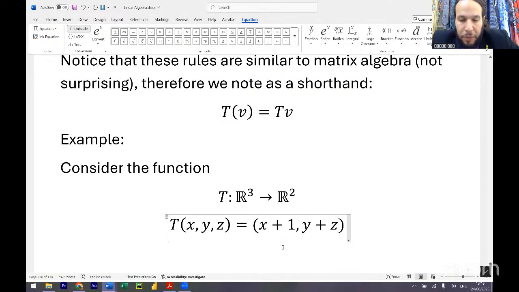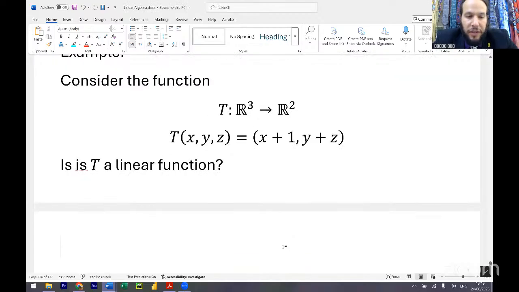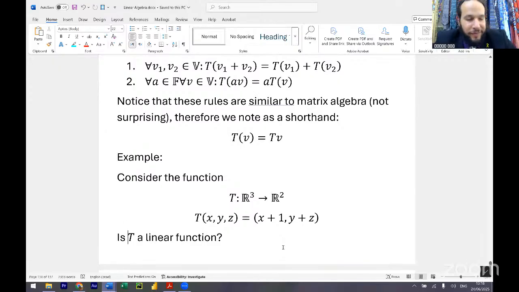Do you suppose this is a linear function or linear transformation? It's the same. I wrote it twice. Is T a linear function? Do you care to guess or give me, I don't know, a full answer?